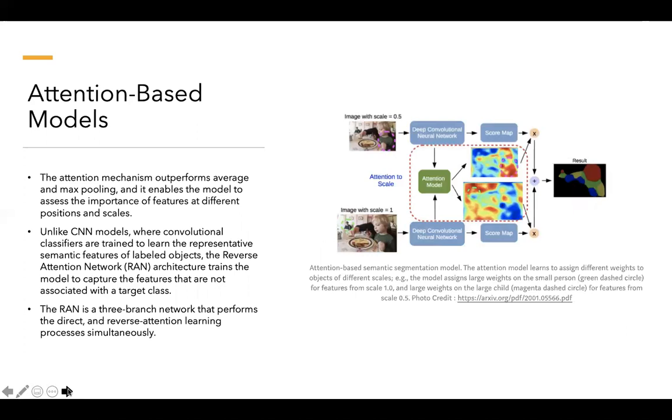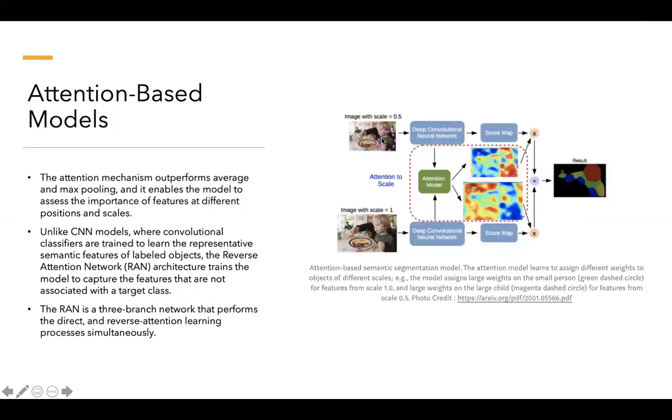Then talking about the attention-based models, the attention mechanism has been very popular in the computer vision field, and it outperforms average and max pooling, and it enables the model to assess the importance of features at different positions and scales. As you can see in the diagram, the attention-based semantic segmentation model assigns different weights to different scales.